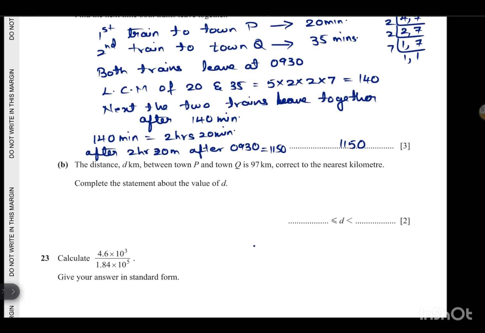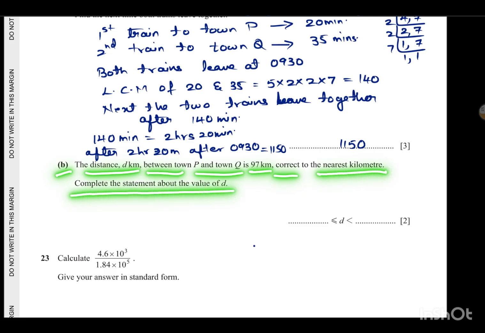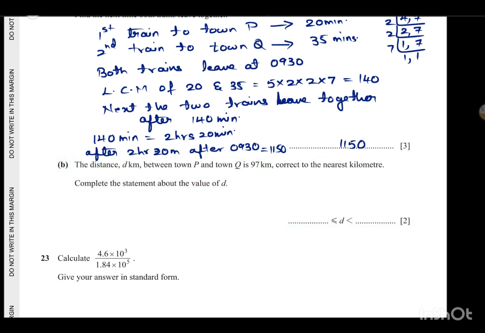Question B, the distance d kilometers between town P and town Q is 97 kilometers, correct to the nearest kilometer. Complete the statement about the value of d. So that means we need to write the lower and upper bound. Nearest kilometer, in the sense, 1 kilometer needs to be halved. So 1 kilometer divided by 2 is 0.5 kilometers.